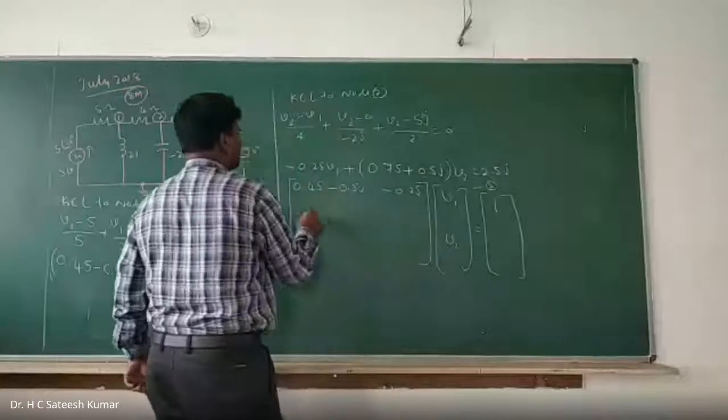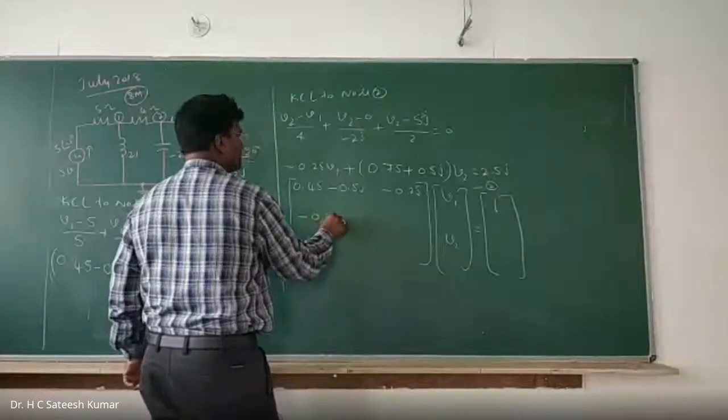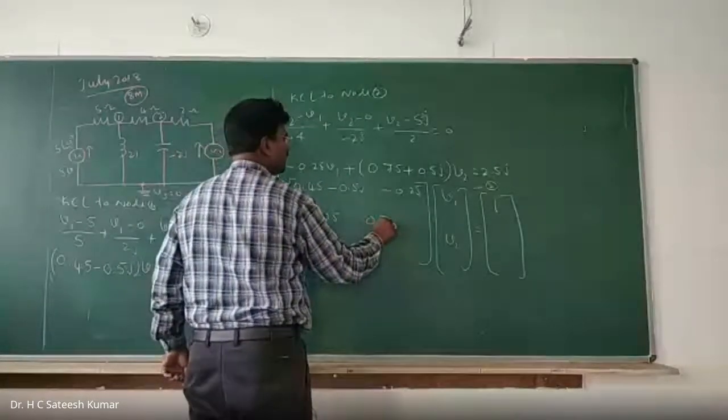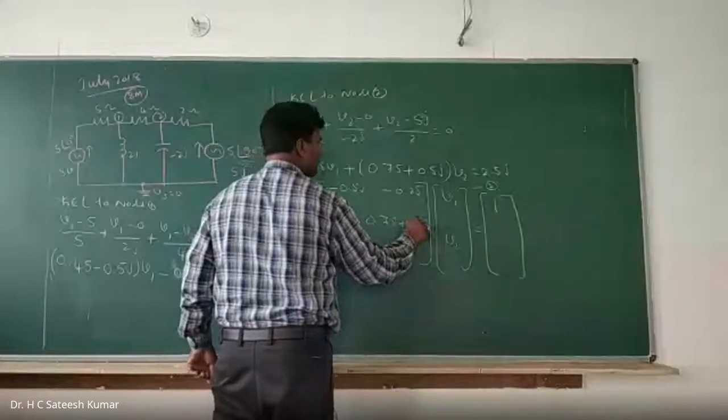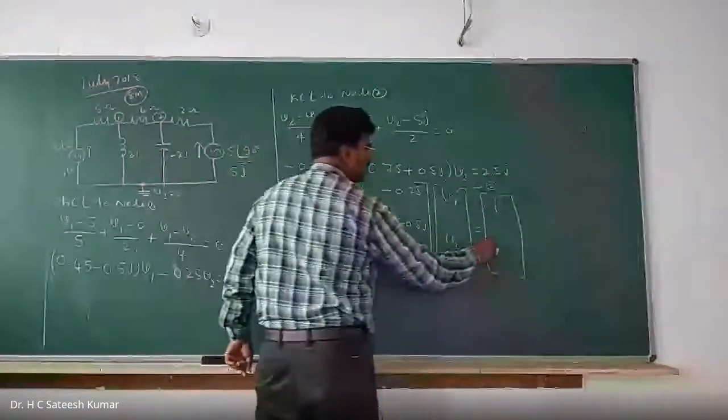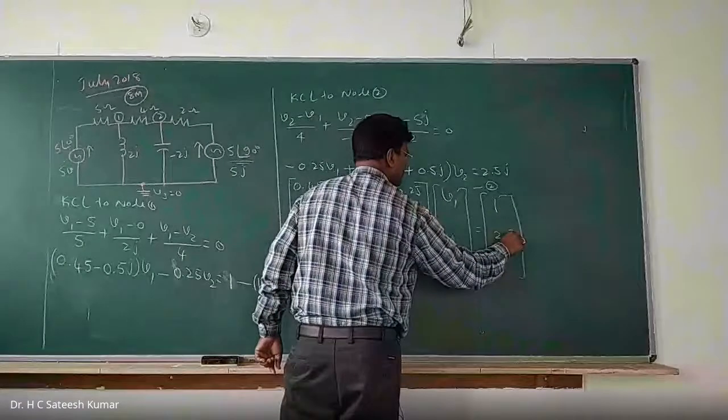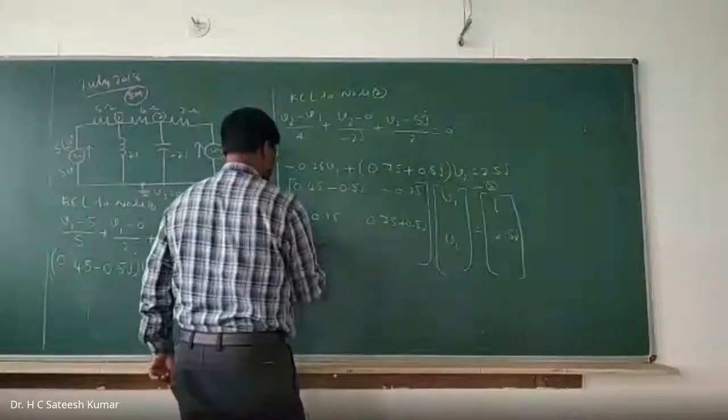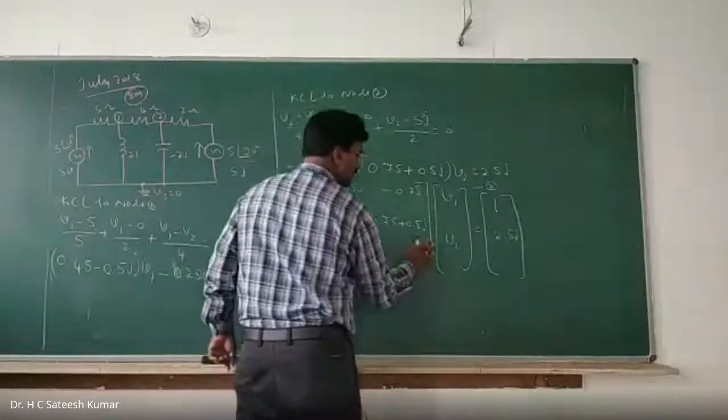Second row: minus 0.25, 0.75 plus 0.5J, 2.5J.